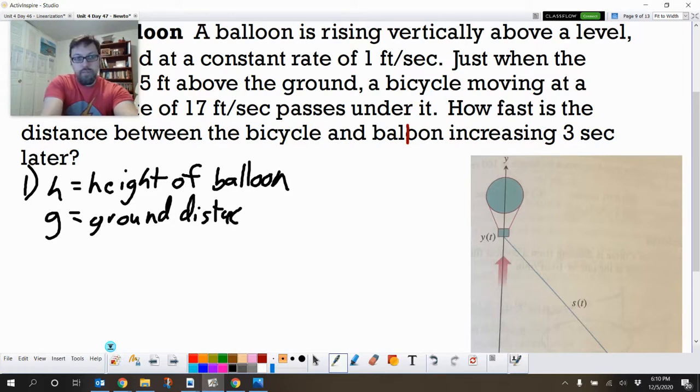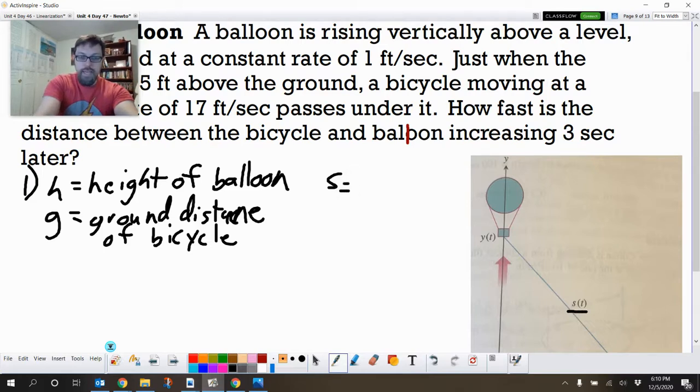And there's a cool little graph right next to us, so I might as well use that. S we're going to use, because we got S of 2.